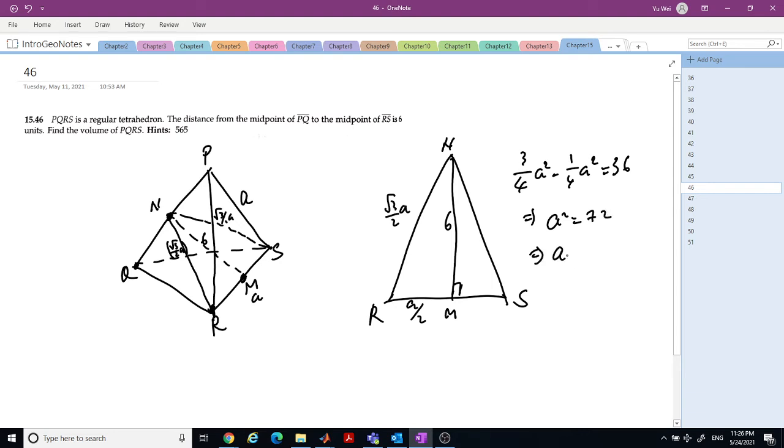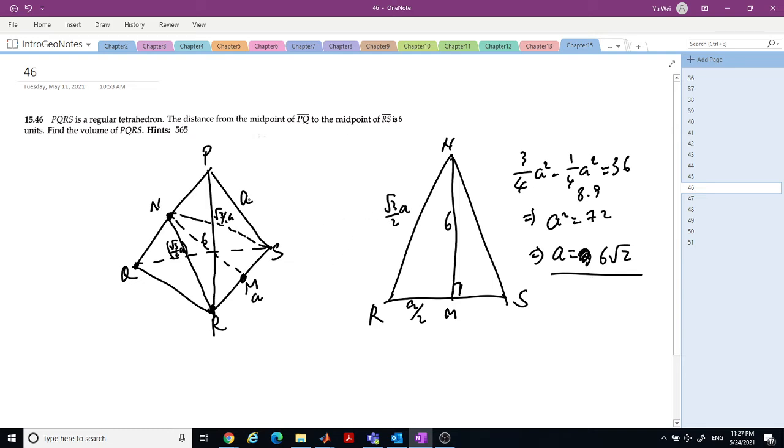Then a will be root 72, which is 6 root 2. Okay, so now we have solved a, right?